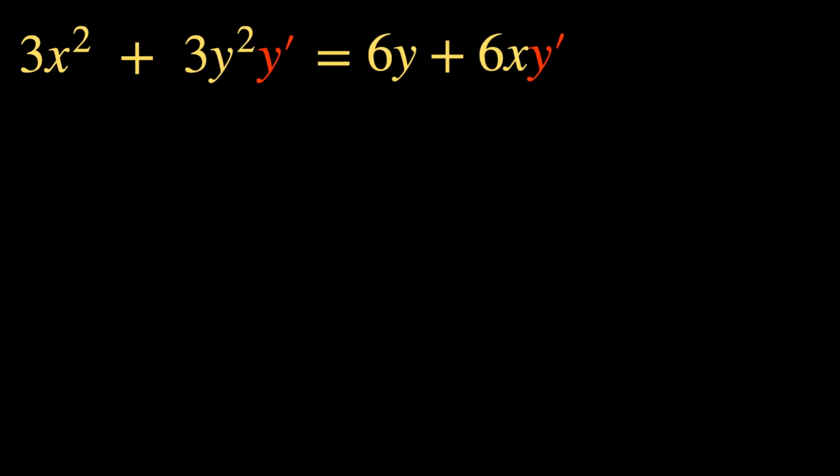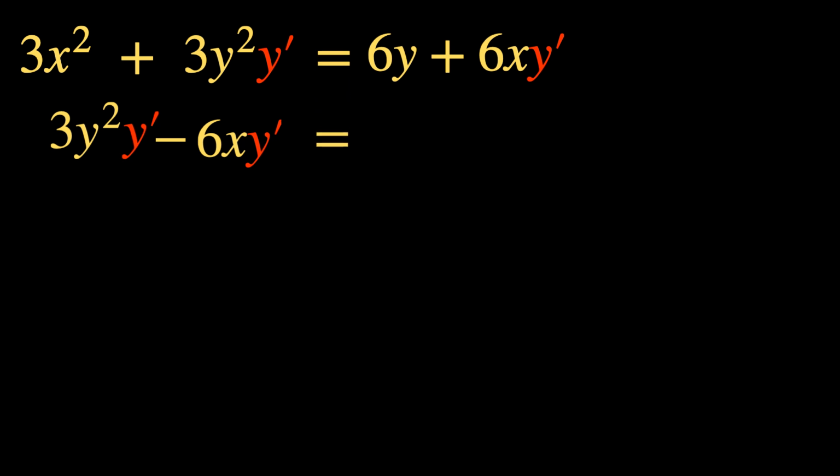Now, we need to solve for the value of y prime. In order for us to do that, we need to transfer 6xy prime to the left side of the equation. Since it is positive, it will become negative when we transfer it to the left side. Since 3y squared y prime is on the left side of the equation, it is still positive.